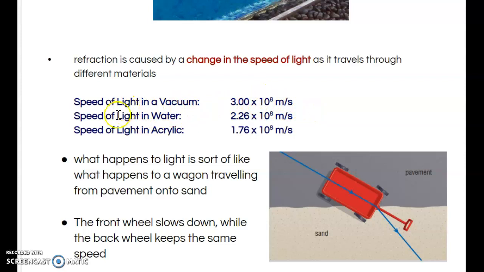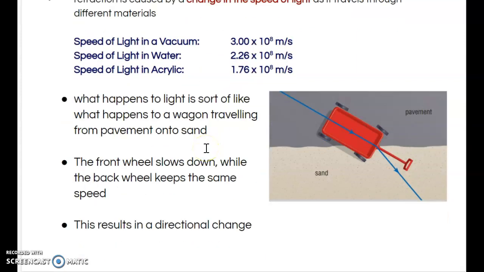If we compare that to the speed of light in water, it's still super fast, but just not as fast. The speed of light in water is 2.26 times 10 to the 8 meters per second, and the speed of light in acrylic is 1.76 times 10 to the 8th meters per second. These are still really fast, but compared to the vacuum, it is a lot slower.